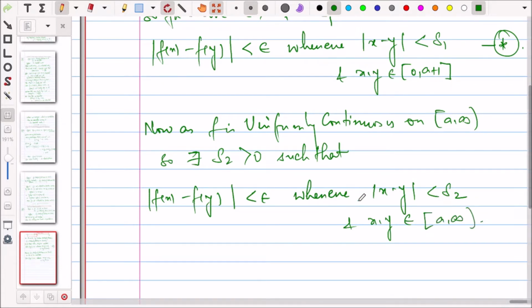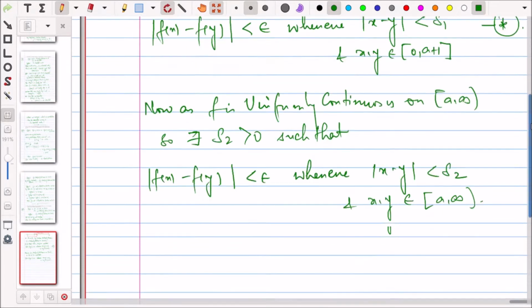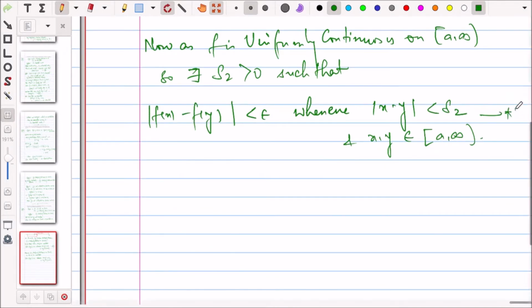So this result holds when x, y belong to a to infinity, and the earlier result holds when x, y belong to 0 to a plus 1. Now let us call it double star.